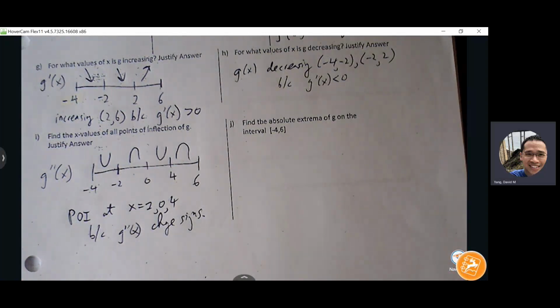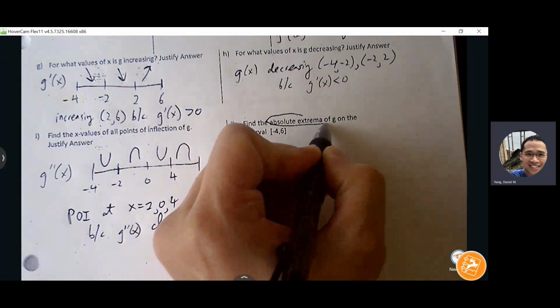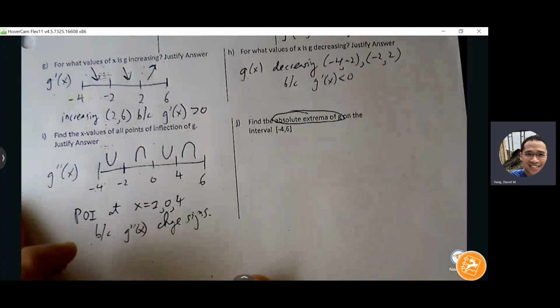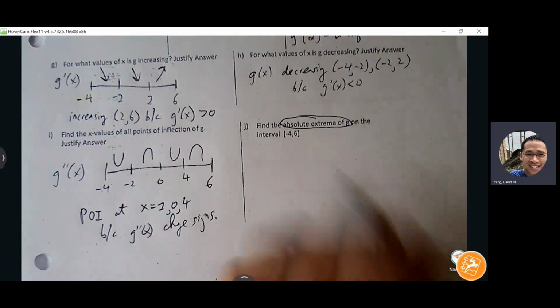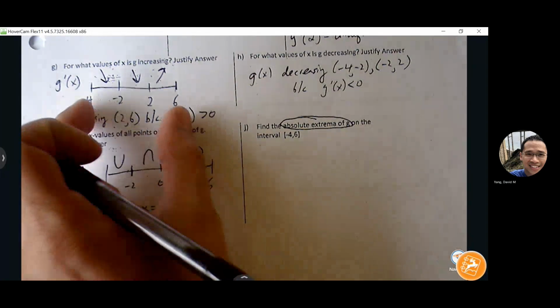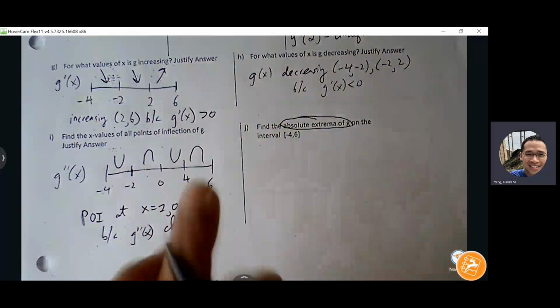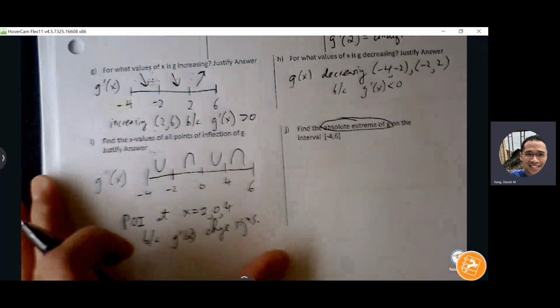Okay, find the absolute extrema of G. So that means I'm looking for both absolute max and what? Absolute min. So what am I considering then? Endpoints and all relative max, relative min. Okay, actually, we don't have to test -2. Why is that?